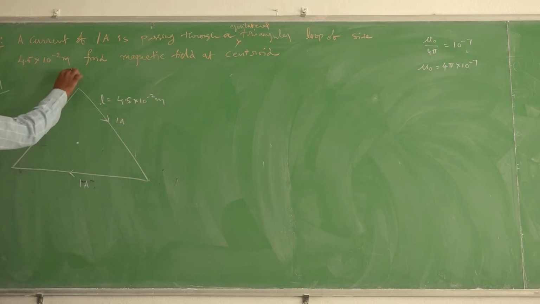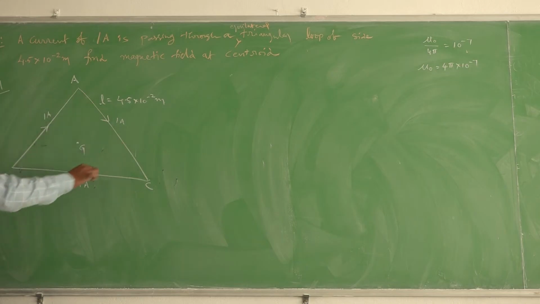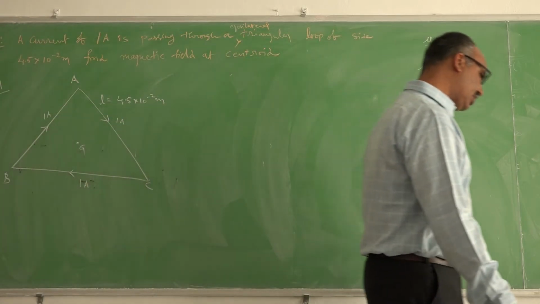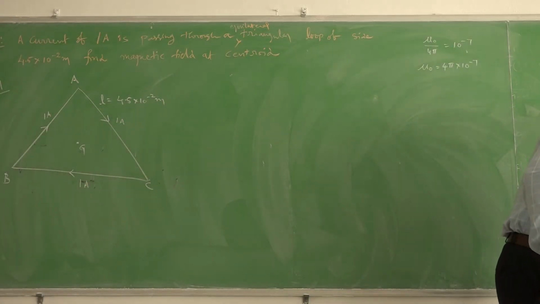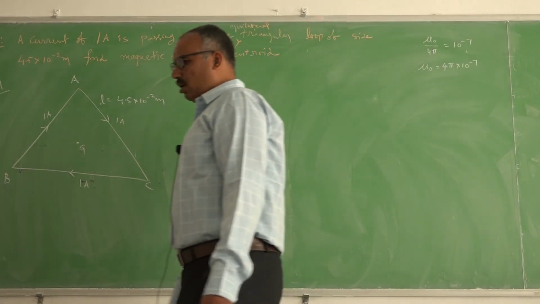So let the name of the triangle be ABC. The centroid is lying at G. I would like to find the magnetic field at G because of this current carrying loop. We studied about circular loop. We studied about straight wire, but we did not study about triangular loop.